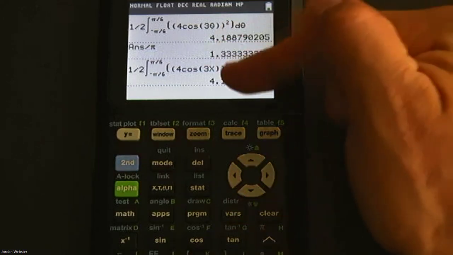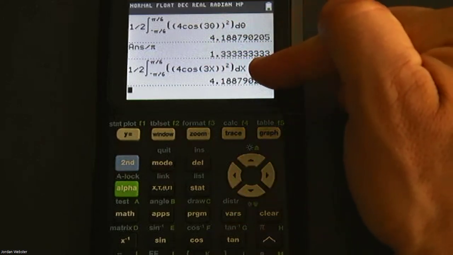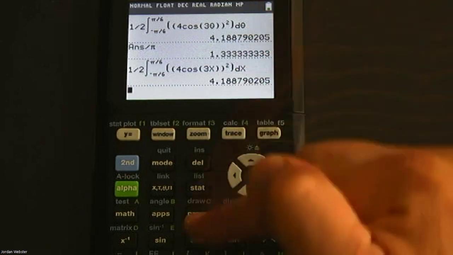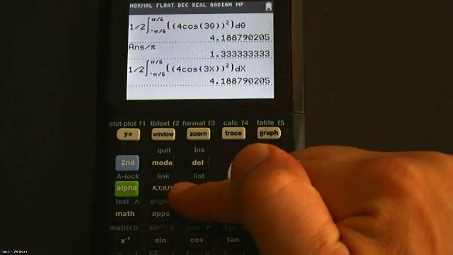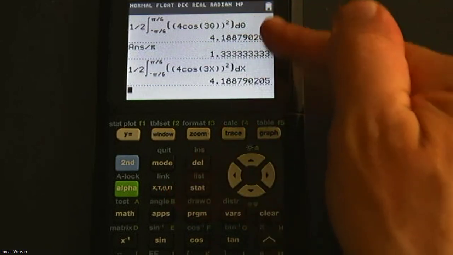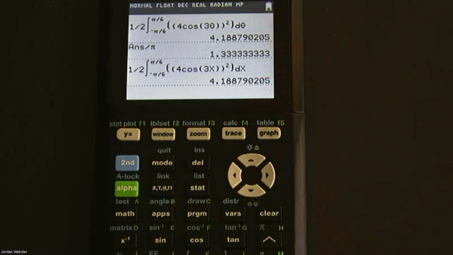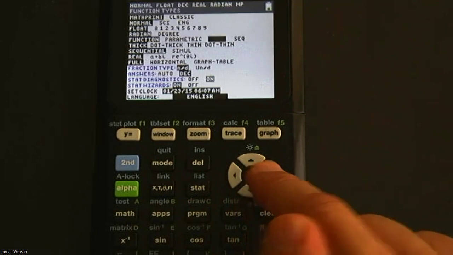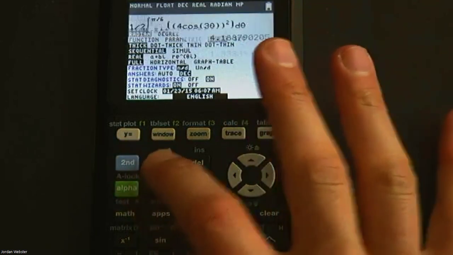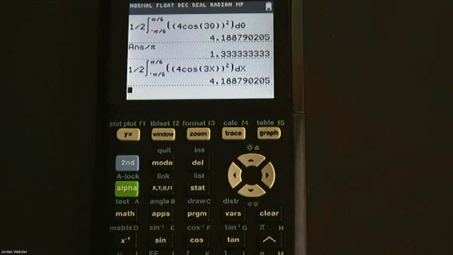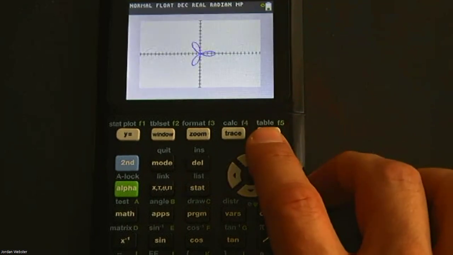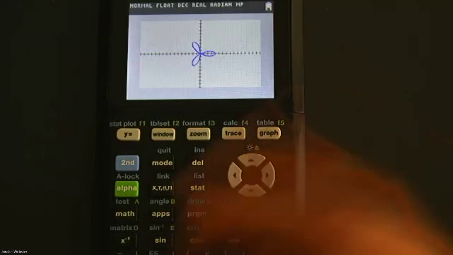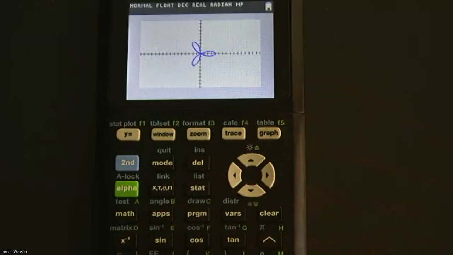Either way, you can just use the x in function mode, or you can change your mode to polar, and then every time you hit the variable key, you'll be hitting a theta. So either way is perfectly fine. They'll give you the same answer. When I'm dealing with polar equations, I tend to like being in polar mode. And that also helps me with the graphing because I could have graphed that function and looked at it and did some other work as well.